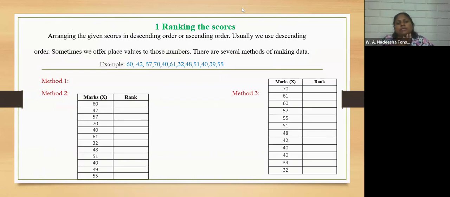Ranking means arranging the given scores in descending or ascending order. In statistics, usually we use descending order. And sometimes we have to give place values for those numbers. There are 3 main methods of ranking the scores.